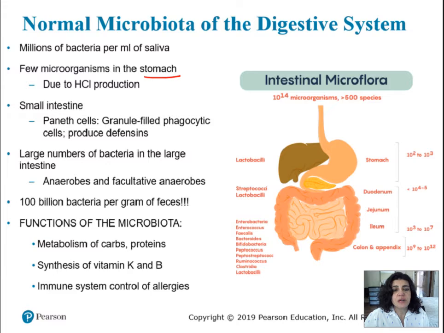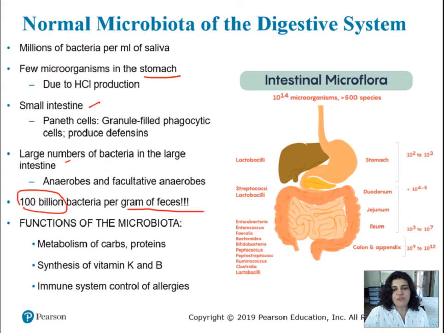You have a good number of bacterial cells in the small intestine and the large intestine. In the end, you make around 100 billion bacteria per gram of feces. I saw a description that said 40% of the weight of your feces is made of bacteria. That's why we need to wash our hands after we go to the bathroom, right? It's a lot of bacteria that comes out in the feces.